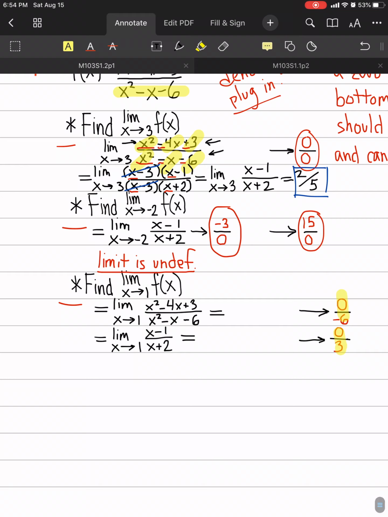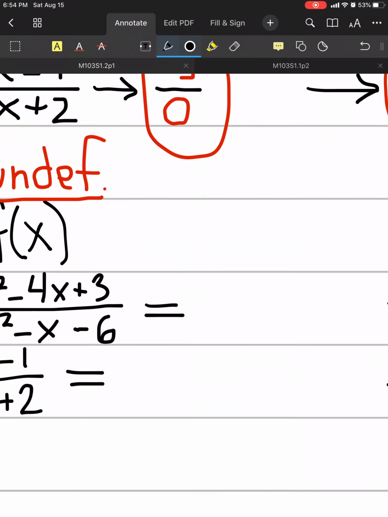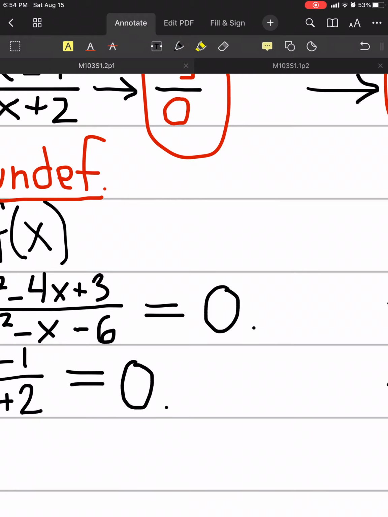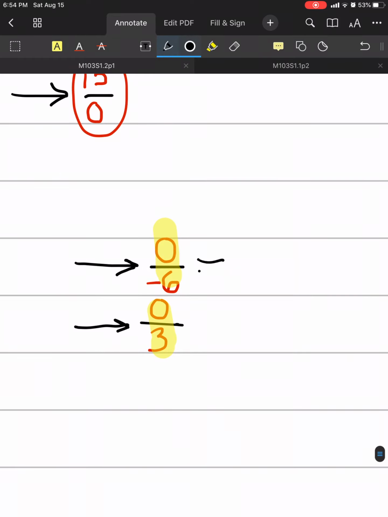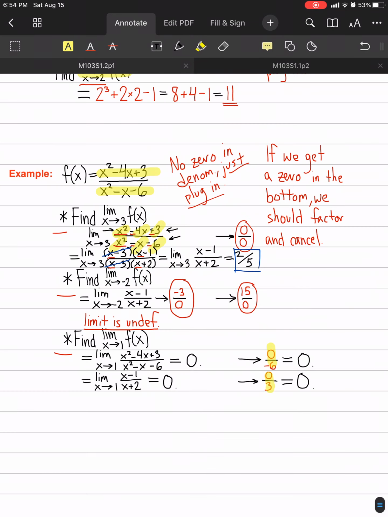Well, what you find is dividing 0 by anything, this isn't a problem like dividing by 0. This just gives you 0. So either one of these, the fact that the fraction looks different doesn't mean anything. These values are both equal to 0. So whether you factored or not, you get 0 as your answer, so that is our limit here.